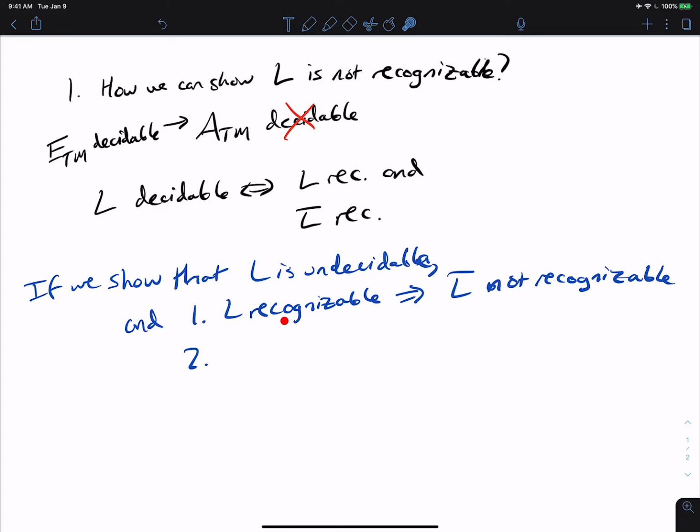So if it is recognizable and undecidable, then the complement is not recognizable.